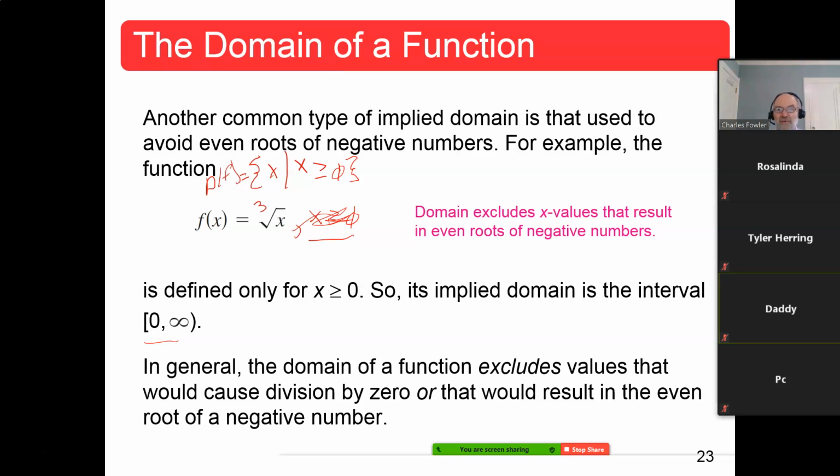Your domain would be in set notation. If you wanted to put it, the set of all x's such that, you could just write it this way: x is an element of the real number system. That means real numbers. Another way to write it is minus infinity to positive infinity, everything in between.